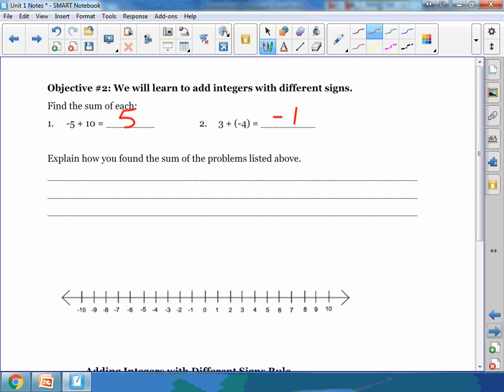Anybody go 2 for 2? All right, let's talk about it. Share with somebody first. Explain to them. See if you can put it into words, and then you can write it down on your paper here. So try to put it into words to somebody sitting around you.